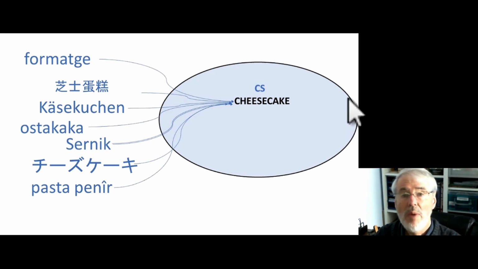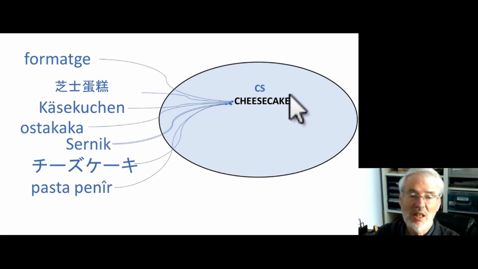Well, remember the cheesecake example that you see here in the conceptual system. This conceptual structure, cheesecake, is so named for convenience. English has no special privileged status in the mind, of course. So this will come out in completely different ways according to the language.